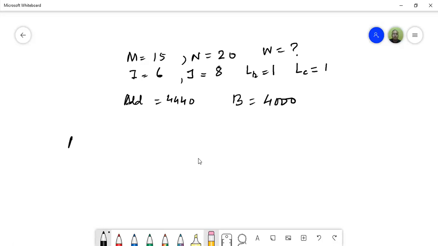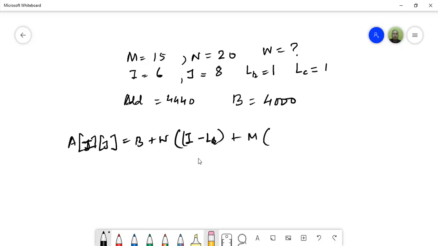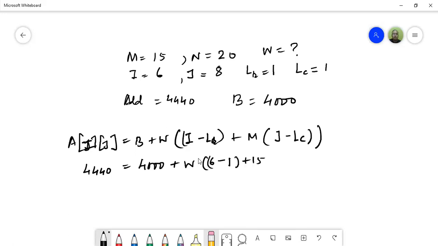So my I and J, the formula for column major wise is base address plus W times I minus LR plus M multiplied by J minus LC. So we put the value, this is 4440, base address is 4000, W I don't know, is to be calculated, I is 6 and this is 1, plus M is given as 15, J is 8 minus LC is 1.